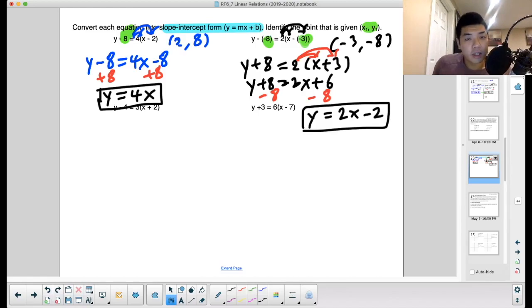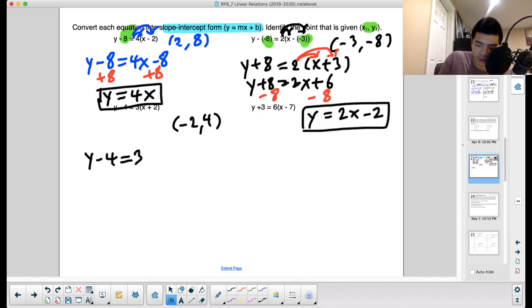For the last two, we can identify your point for this one here. This would be negative 2, positive 4. If I simplify, I've got y minus 4 is equal to 3x plus 6.